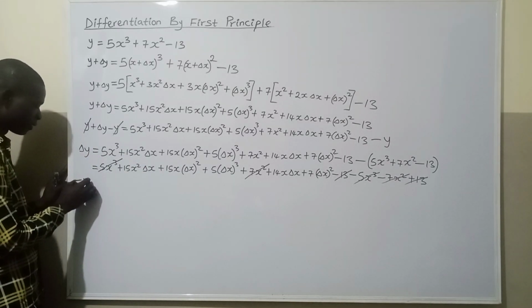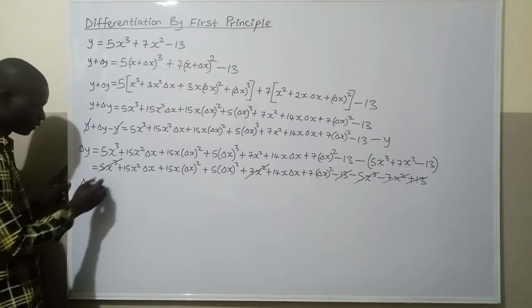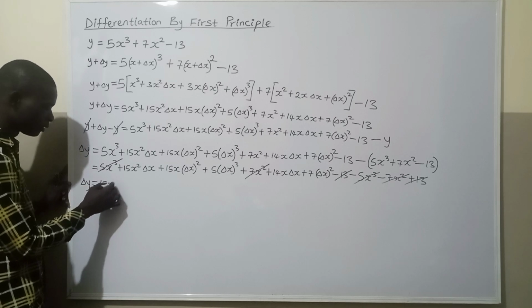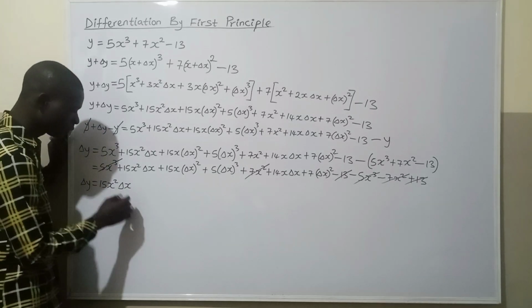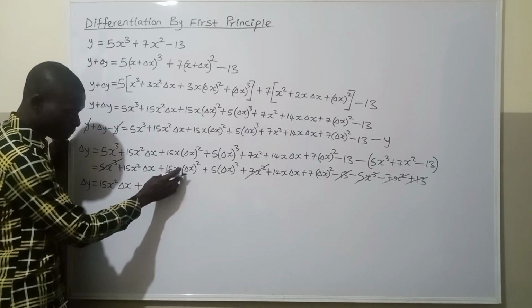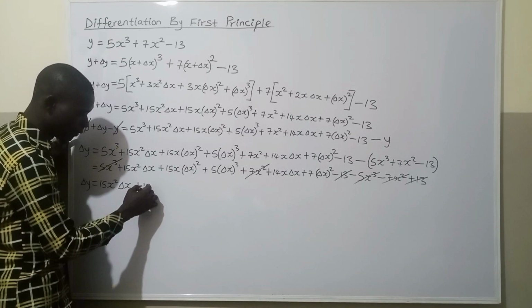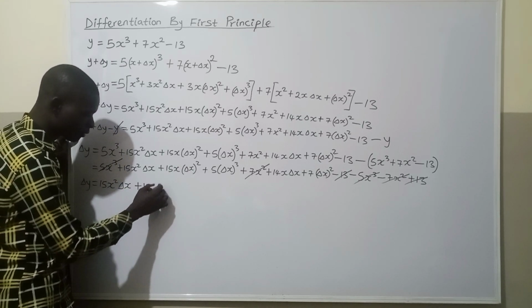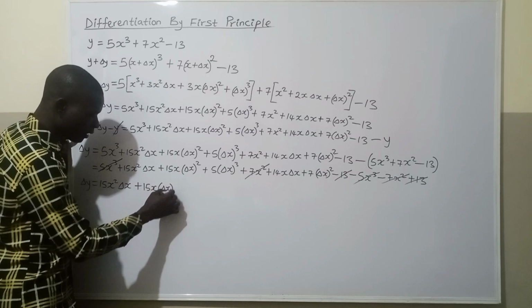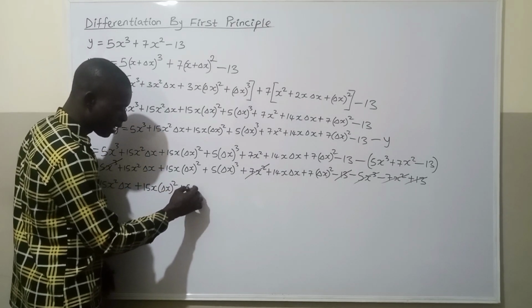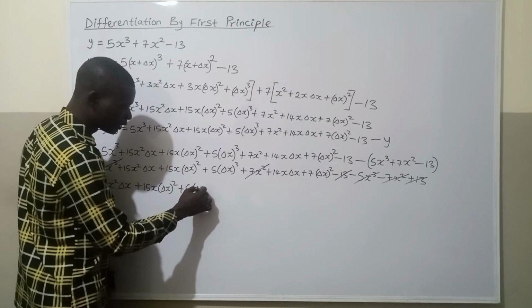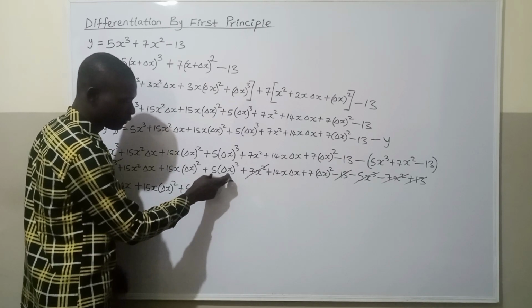So that means that delta y will now be equal to, as we have it here, 15x squared delta x plus the next one 15x delta x squared, and then plus 5 delta x cubed as we have it here.